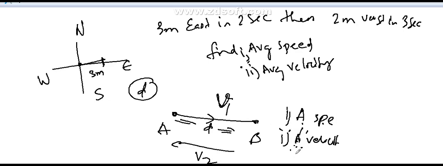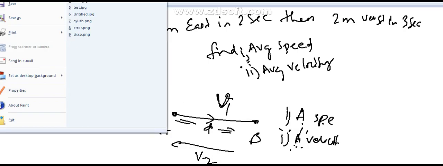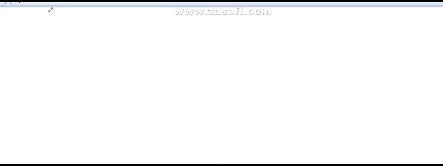And average velocity is 0, sir. I got average velocity 0, but average speed I'm not getting it, sir. Okay, let me do it. First average speed is 2D V1 meter per second, sir. And average velocity is 0.